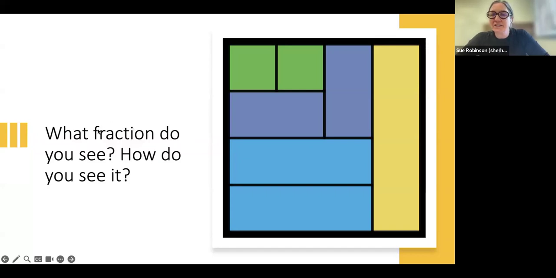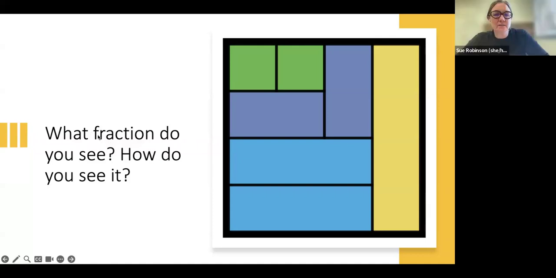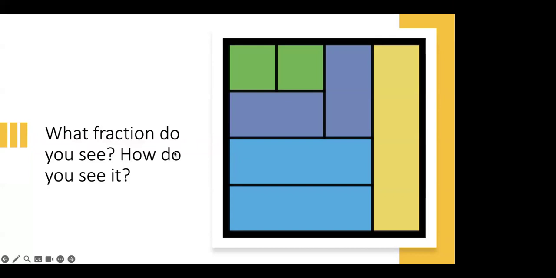Okay, we've got one fraction in the chat. Flona, do you mind sharing your thinking about the quarter that you see? Yeah, I just roughly divided the figure in 4 parts, and the yellow part was really obvious.